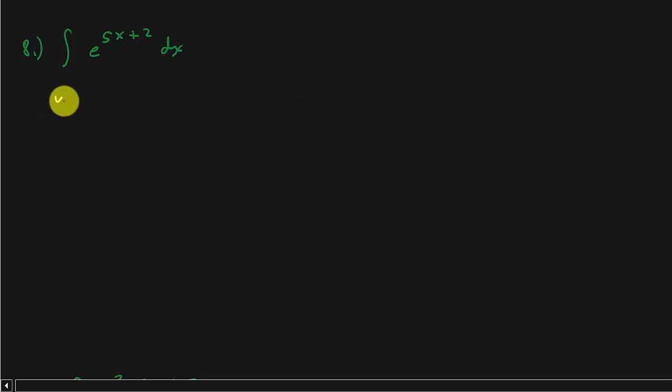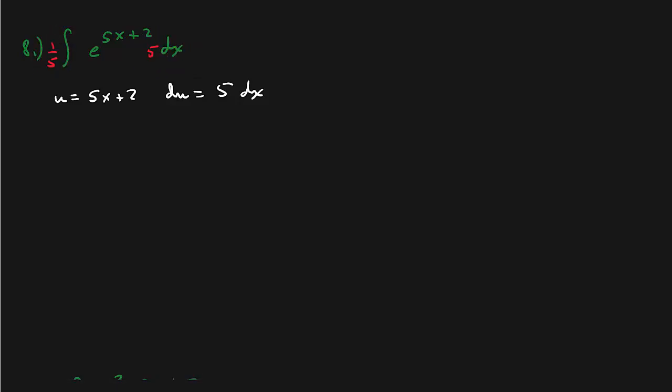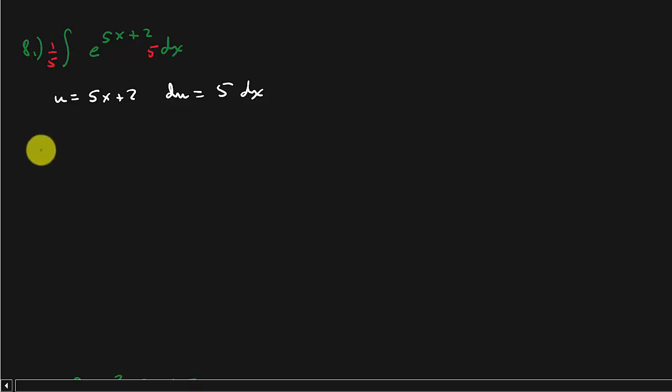We're going to let u equal 5x plus 2. So du is 5 dx. Well, what are we missing? We're missing a 5. We need 5 dx. So I'm going to multiply by 5, go outside and multiply by 1/5. And so this is going to be 1/5 integral e to the u du.